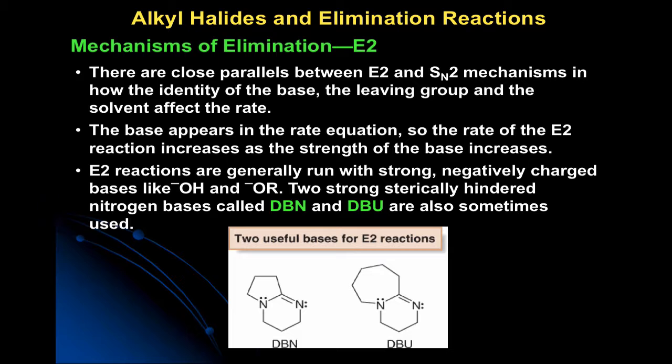Right, and so we have the structure on the left and we have the structure on the right. Given that we can draw that resonance structure, which one would you argue is the most basic nitrogen atom? This one. That's right.